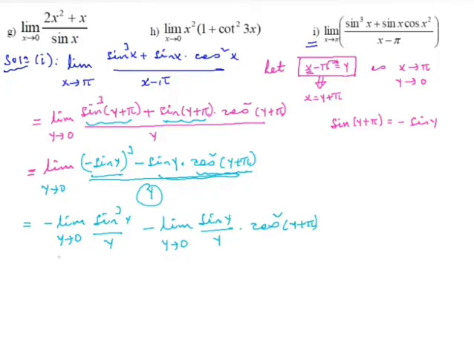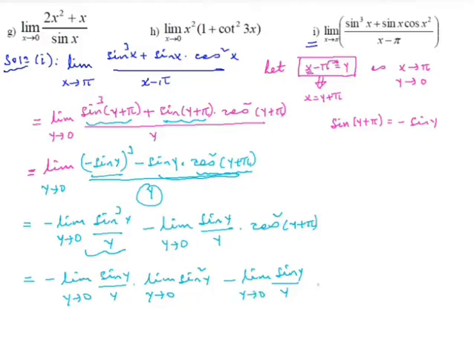Now I can rewrite this as minus the limit of sine y over y as y approaches 0, where sine cube can be written as sine y times sine square y, so times the limit of sine square y as y approaches 0, minus the limit of sine y over y as y approaches 0 times the limit of cos square of y plus pi as y approaches 0.